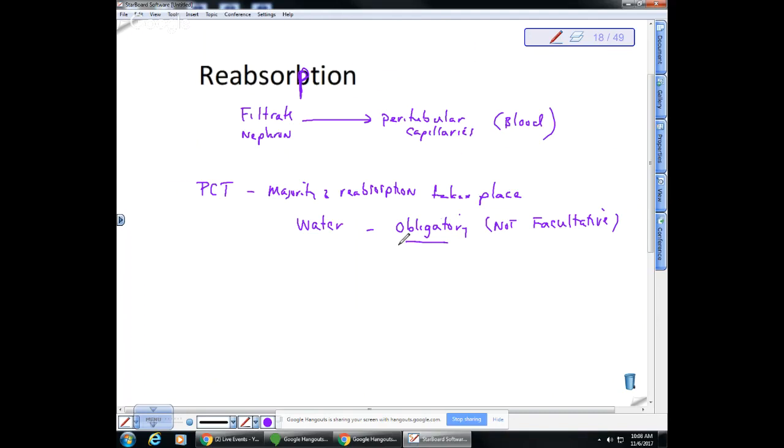Okay. Also, we have glucose. And so we have nutrients, and glucose is a really important one because this has to travel via active transport. So it is reabsorbed via active transport. So active transport takes a protein, right? It's in the plasma membrane of the cells that line the PCT.